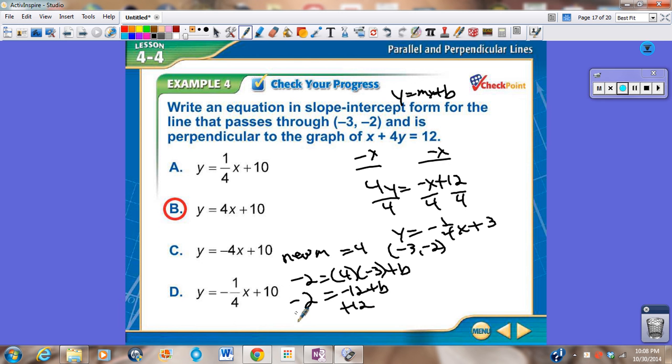Add 12. So that b is 10. Okay, and then you already know your new slope was 4. So that's where they got b. So you would have y equals 4x plus 10.